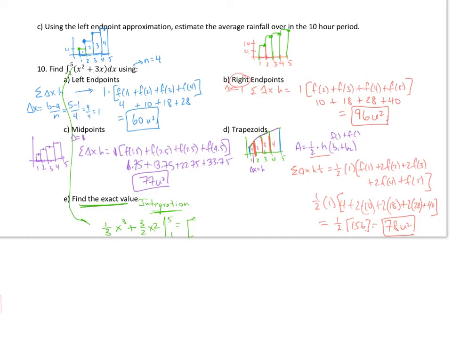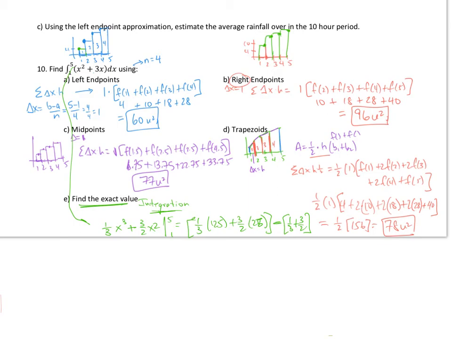So I plug in 5, I get 1/3 times 125 plus 3/2 times 25, minus, when I plug in 1, I'm going to get 1/3 plus 3/2.